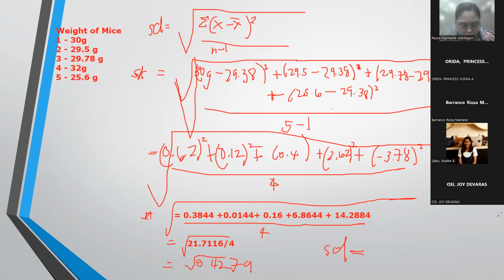What is the square root of 5.4279? Round off to 2 decimal places. The answer is 2.33. Do we get the same answer? Okay. This is our standard deviation.